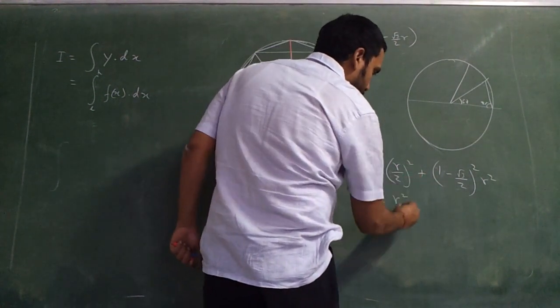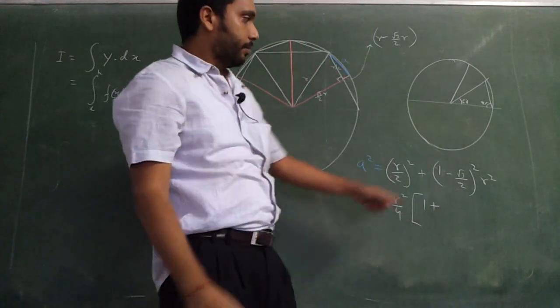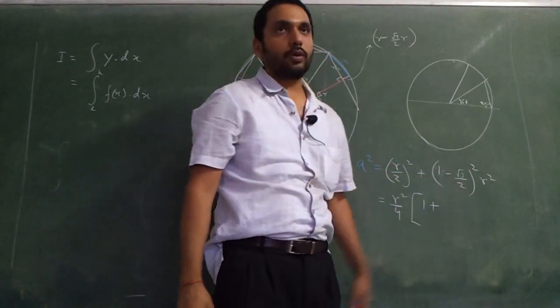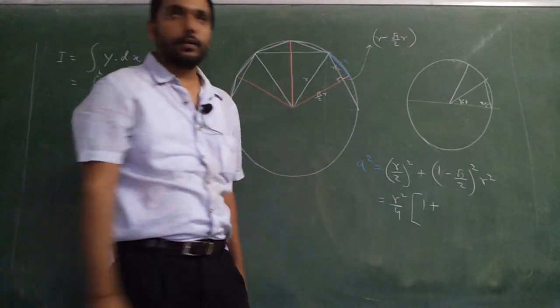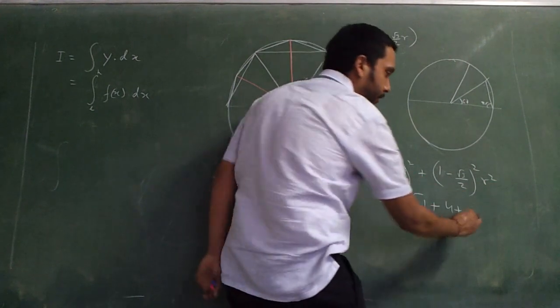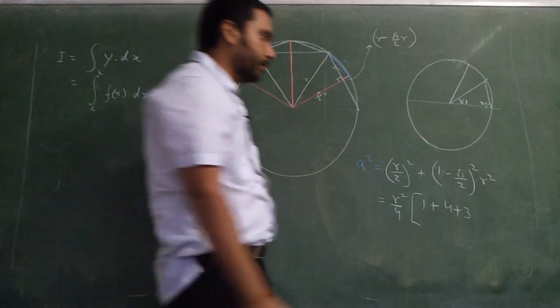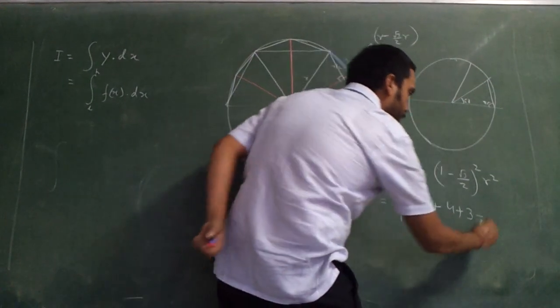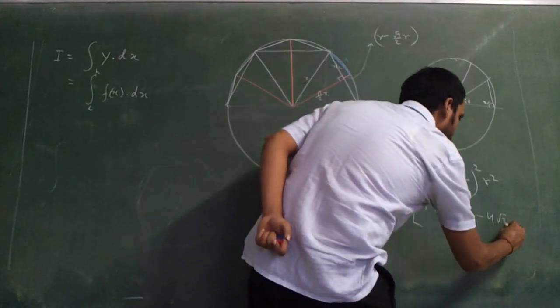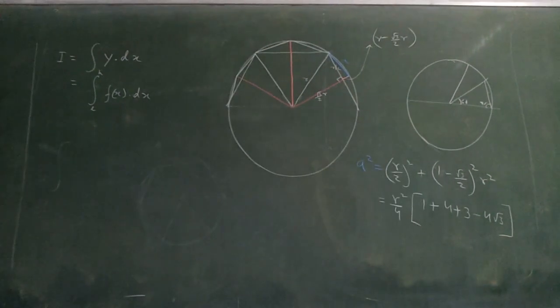R square by 4 from here, and from there this is (2 minus root 3) whole square. So 2 square is 4, plus root 3 square is 3, minus 4 root 3. Right? Anything wrong? Just check.